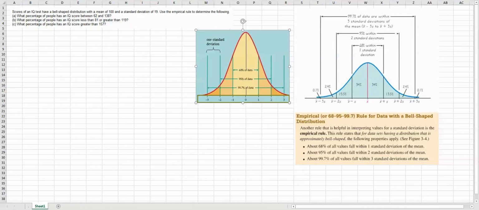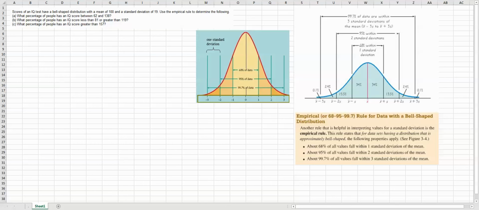If 68 is within one standard deviation, then 34 is from the mean to one standard deviation below, and 34 to one standard deviation above. I can break up each of these percents in more detail, just using the idea of symmetry, that it's half below and half above.